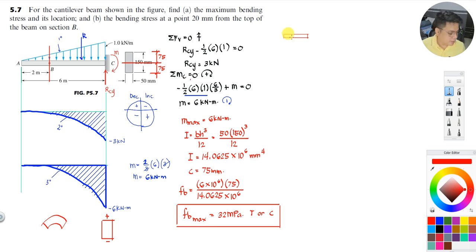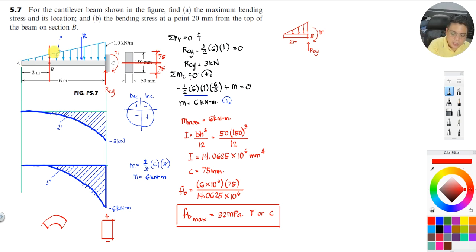Tapos, I will be having here, example, we can have it as point B, which is 2 meters. Meron ako ditong RB, Y, and then meron din ako ditong moment. Ngayon, itong value na to hindi ko alam.